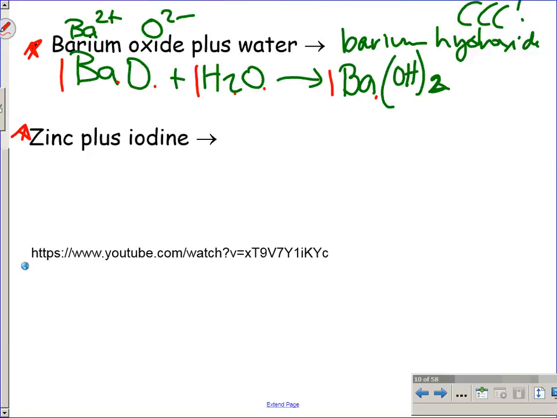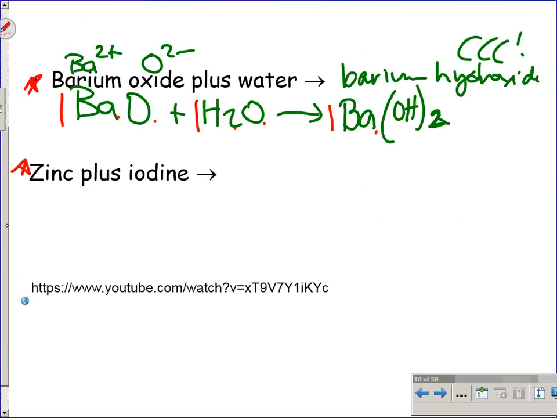These are examples you should be writing down for your own purposes.